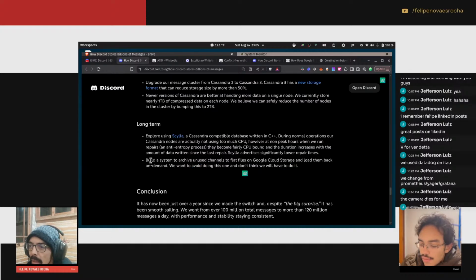Archive is like taking the data, compressing it, saving it in Google Cloud Storage, and loading it back. Imagine how the system would put a lot of load on Google Cloud Storage, and you would need a different system just to remove the load of the terabytes from Cassandra.